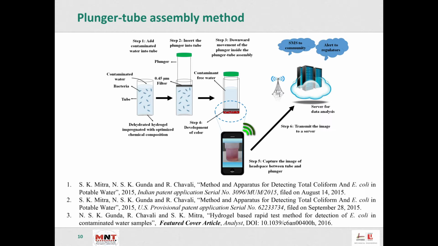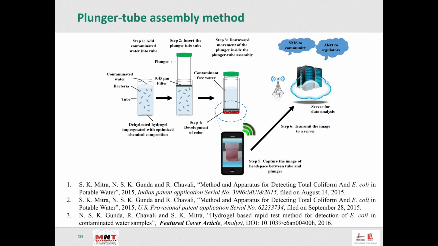So what we did is very interesting. There is a simple thing that you often use in sample preparation, a centrifuge tube plunger assembly. In a tube plunger, you have the tube, you can pour water in, and then the plunger has a filter, a 0.45 micron filter.